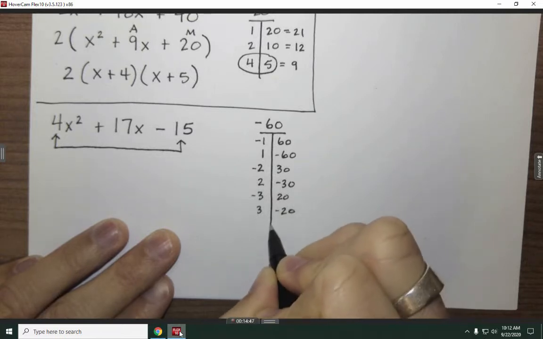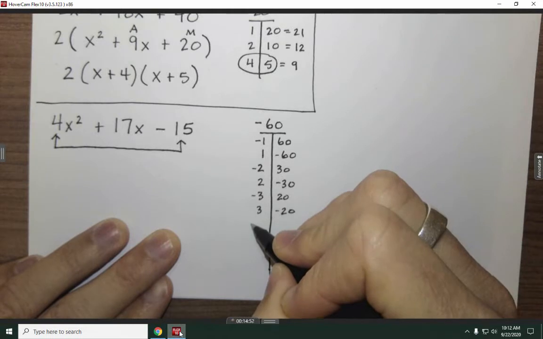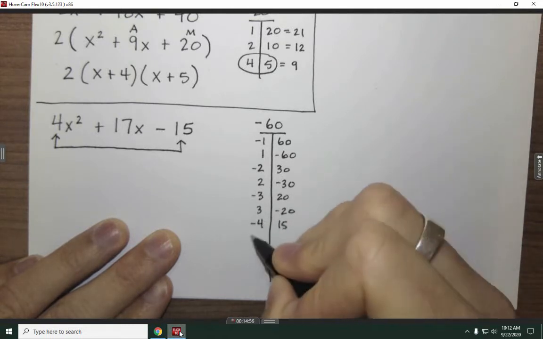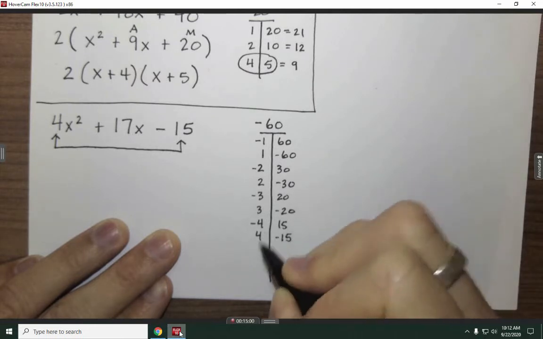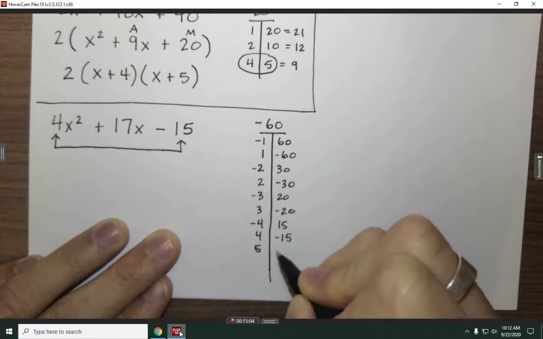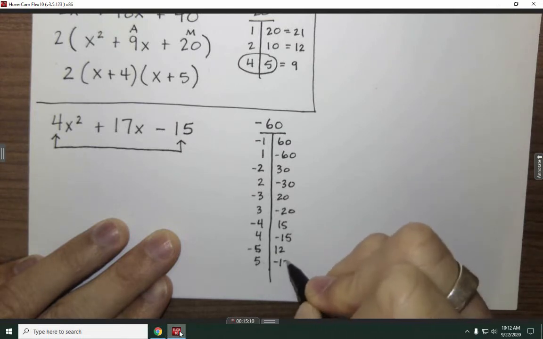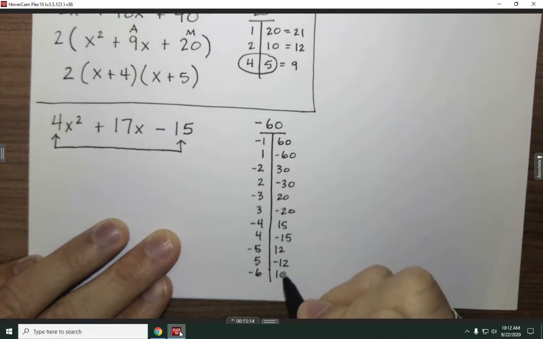We have quite a list of numbers that we're creating here. So then we got negative 4, 15, 4, negative 15, and then we got 5, negative 5 and 12, 5, negative 12, 6 and 10, and then 6, negative 10.